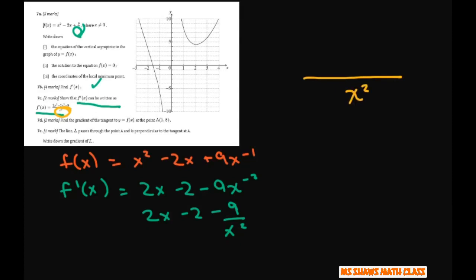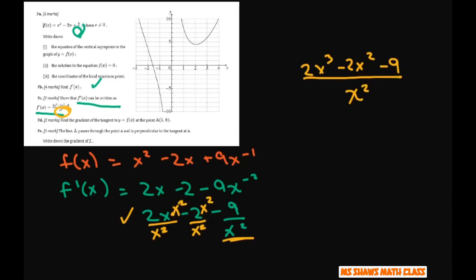So to get everything over x squared, you take this term and put an x squared here, so you have to put 1 here. Put an x squared here, so you have to put 1 here. That's going to give you 2x cubed minus 2x squared minus 9. We didn't have to do anything with that because we already had it.